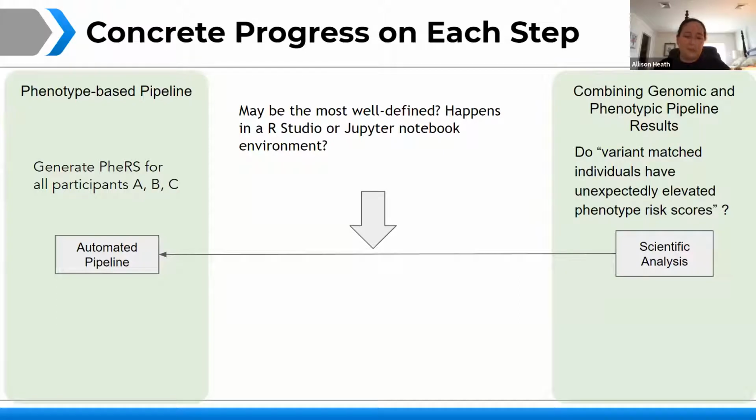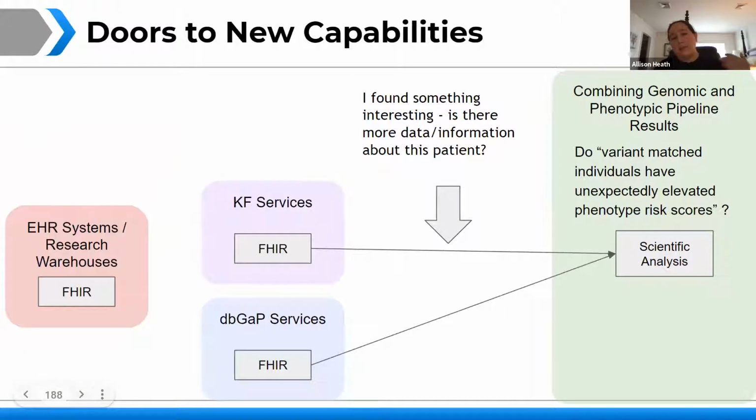Did they have some other kind of syndrome, other things going on? And so in the last slide here, I think the hope is that with the FHIR services and being able to have it available there, it's not just about getting to that end to end, but once you do find something interesting scientifically, you're able to go back, get more data, more information, go back to the source.